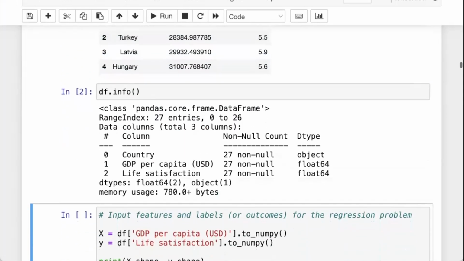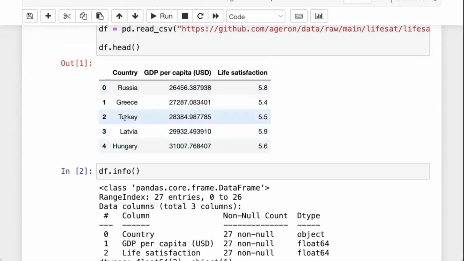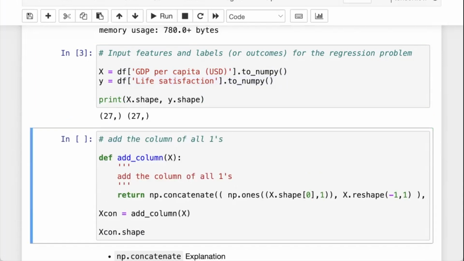Obviously, you can get some information about these. Here we have 27 samples of data points, and you can see that we have three columns. We are not going to use the country information because this is in the form of text. It's not numerical, so we're mainly going to use GDP and life satisfaction. And that's exactly what we do here. So we're going to use this column of the data frame and convert this to a NumPy array, and then we have this other column for the output, and we convert this to a NumPy array.